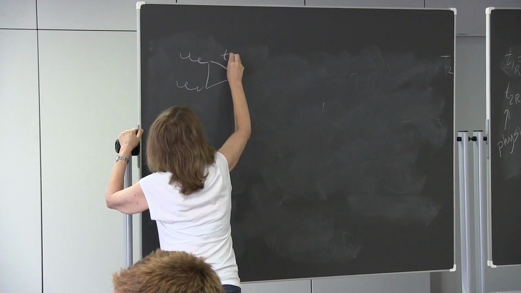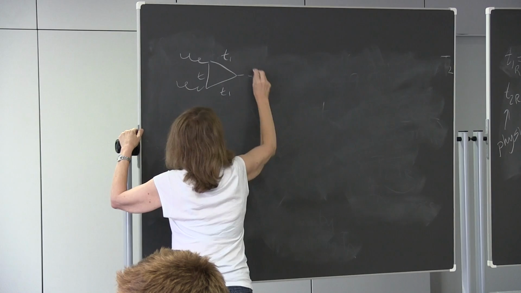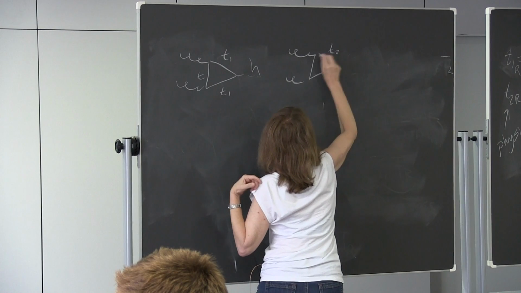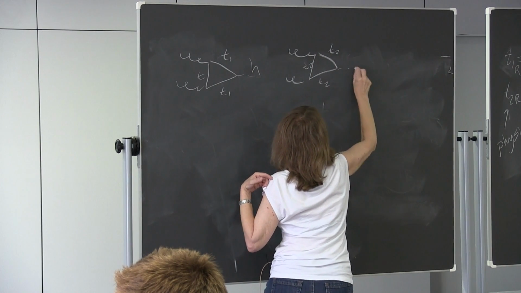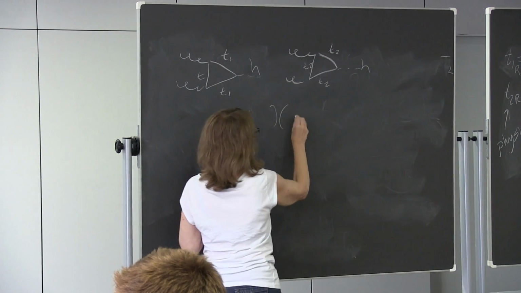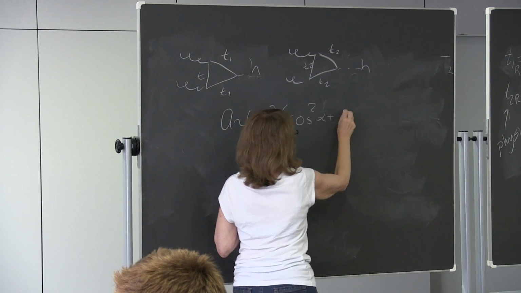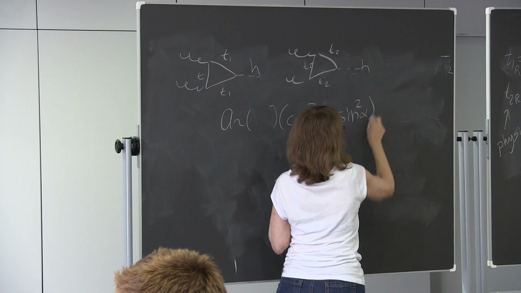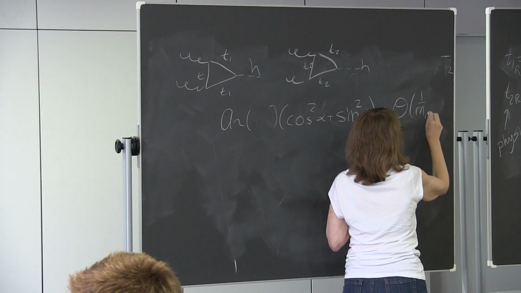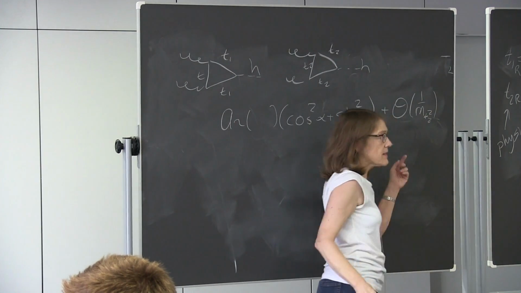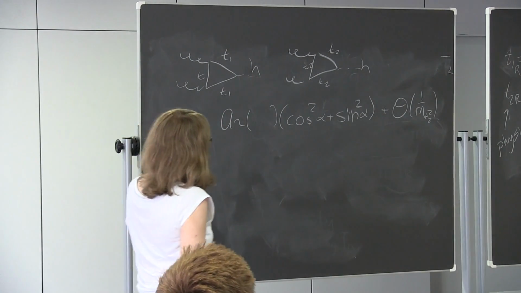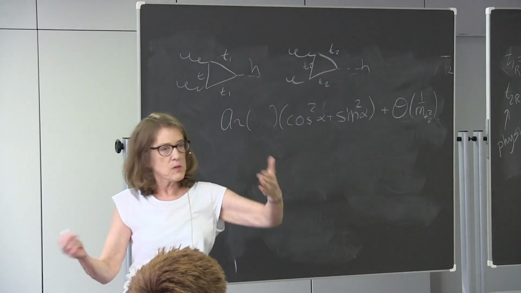Here's my T1 Higgs coupling. Here's my T2 Higgs coupling. And gosh, the amplitude is going to go like the standard model piece times cosine squared alpha plus sine squared alpha, plus order 1 over m_T2 squared, because this assumes I was taking the heavy top mass limit of those amplitudes. So you get the standard model rate out plus some small stuff.